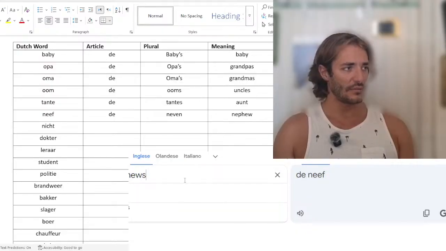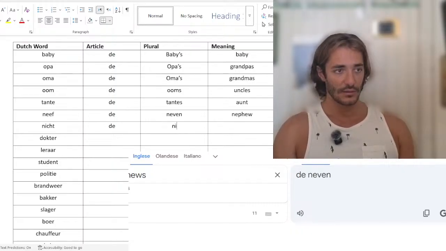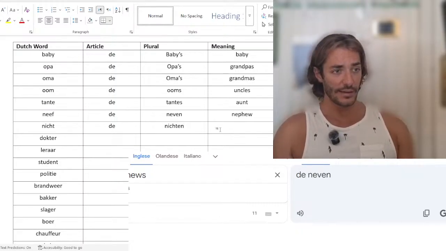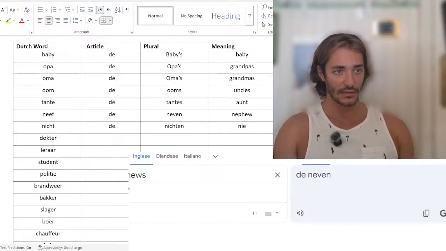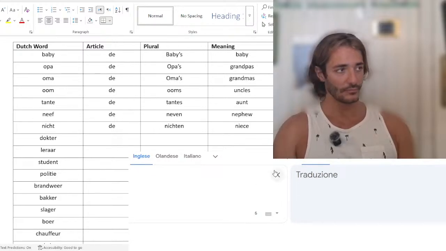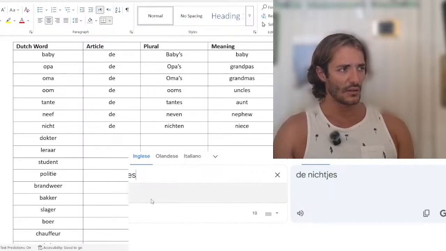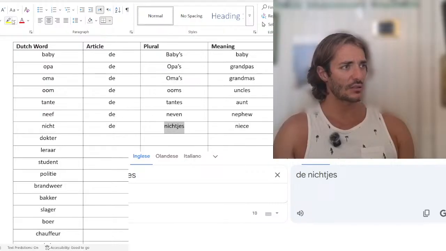Yeah, the neven. Yeah, nephew. Nichte, it's probably niece, and it becomes nichten. Niece. Let's see. The niece, the nieces, nichtjes. Yeah, maybe there is a J. The nieces. This one could be an exception. This is to be checked.